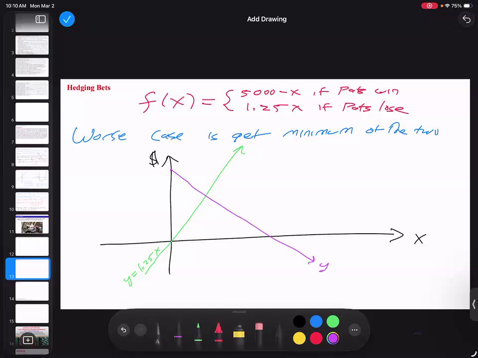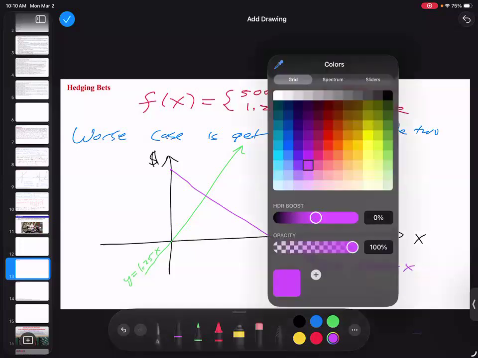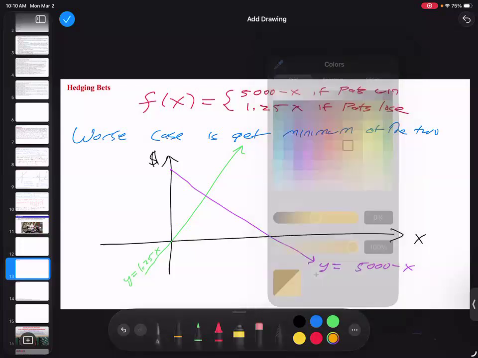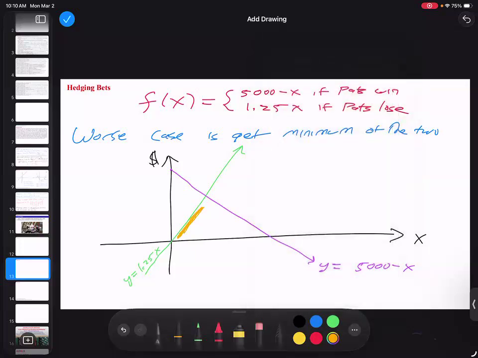So this would be y equals 5,000 minus x. And now we'll do the golden line. This point of intersection will be my guaranteed minimum. So I just have to figure out where these two lines intersect, and that will tell me how much to bet.